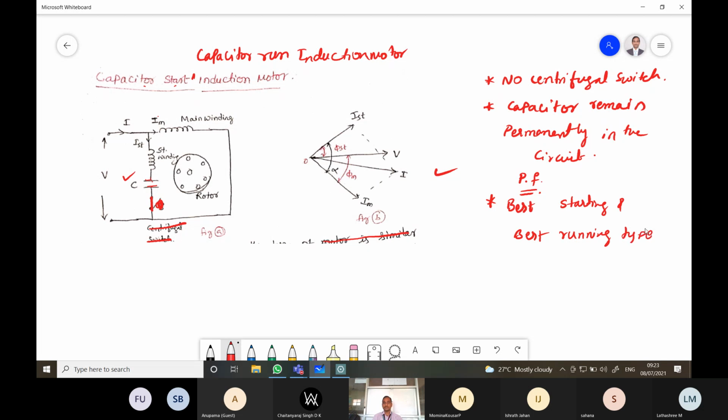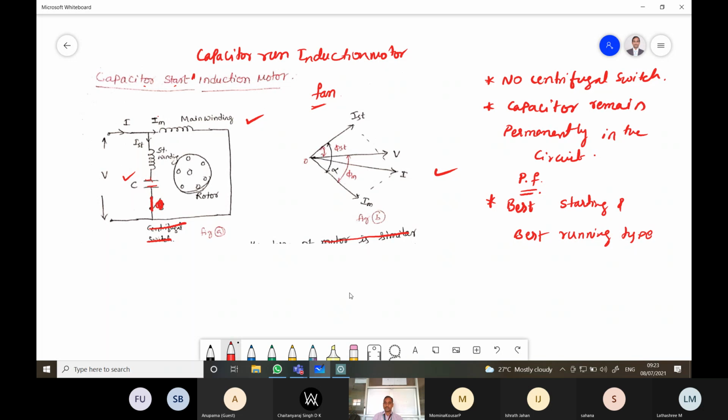Especially this type of circuit you can see in a ceiling fan as well as a table fan. For all single phase AC machines and motors, this is the common circuit that is provided. Okay.